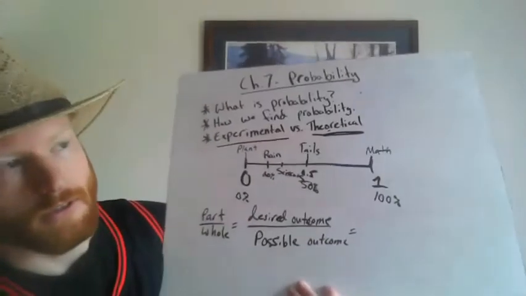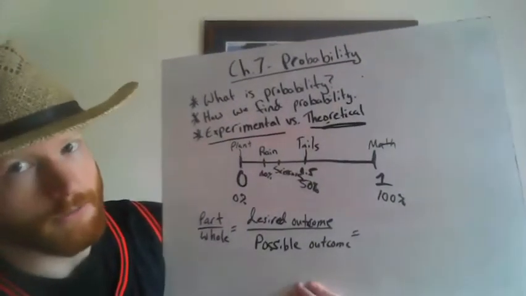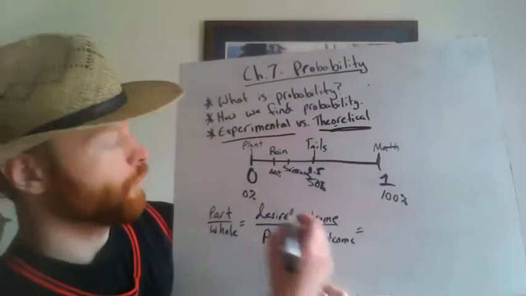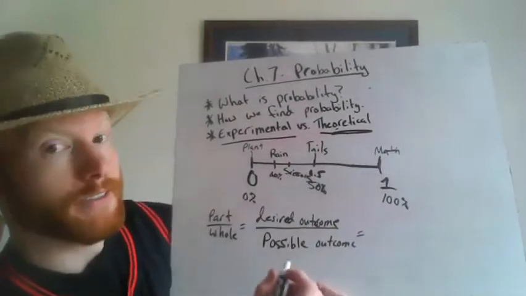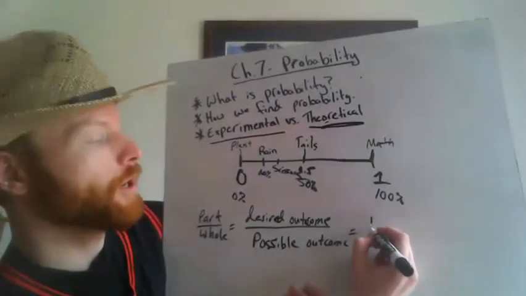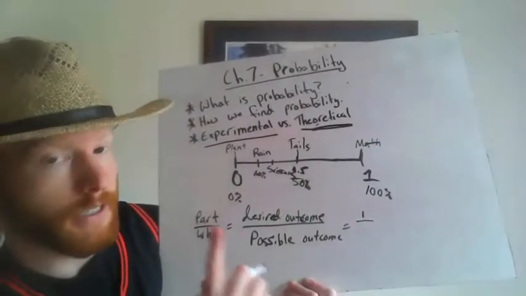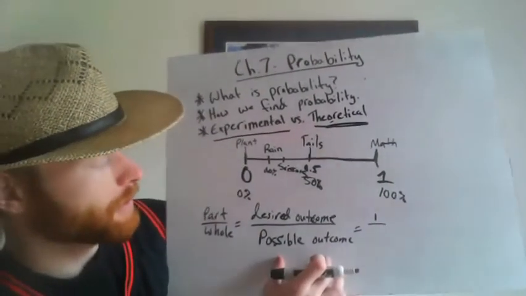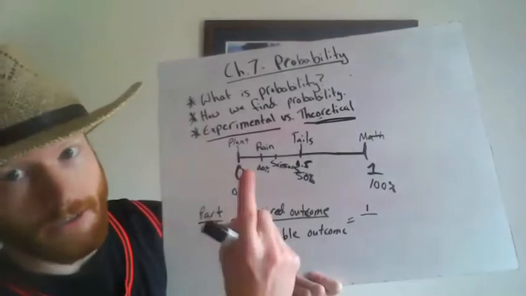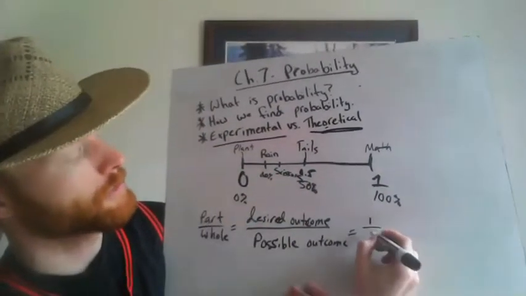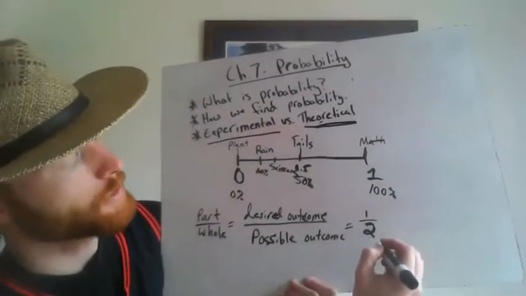We'll use flipping coins as our example for this lesson. So our desired outcome is to get tails. That is one desired outcome. I'm only trying to get tails. The possible outcomes are I either get heads or tails. That's 2 possible outcomes, which gives me 1 over 2.